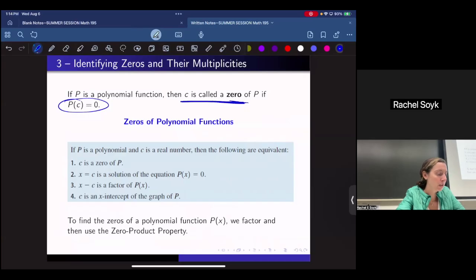And so we'll really be honing in on this, utilizing our zero product property, which we have down below over here, but also when we're looking at the remainder theorem as well as the factor theorem. And this is just sort of the step-by-step procedure for finding zeros of polynomial functions.